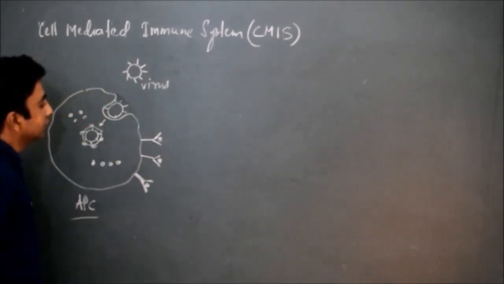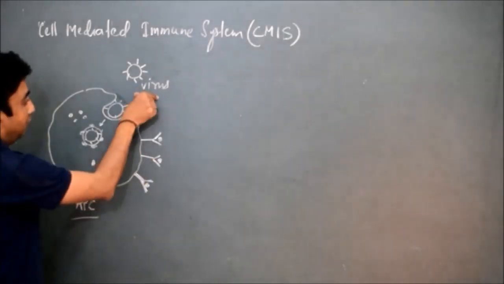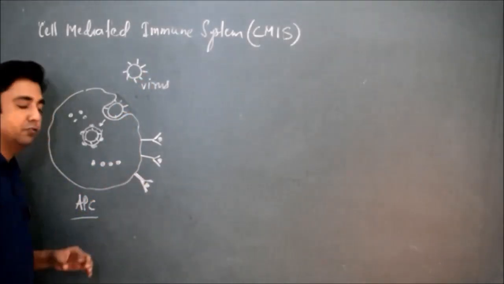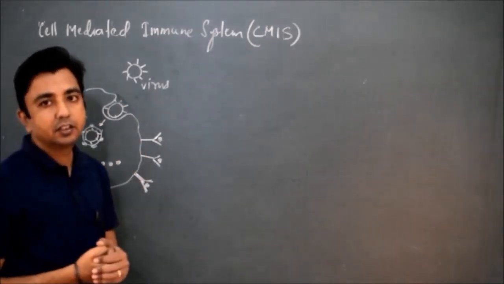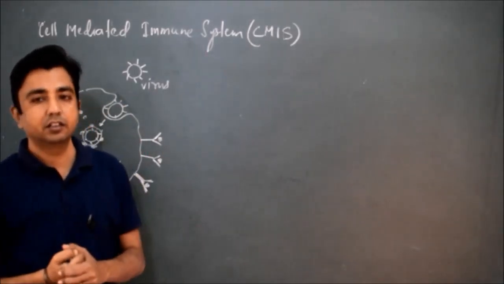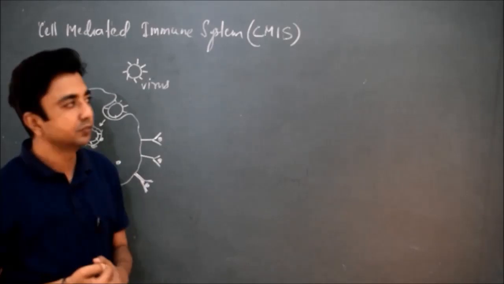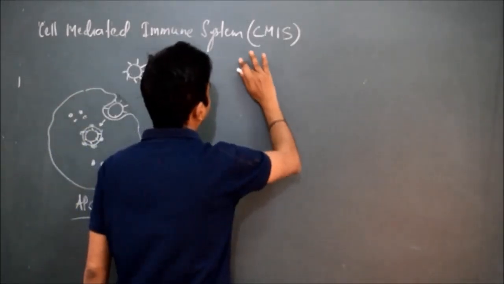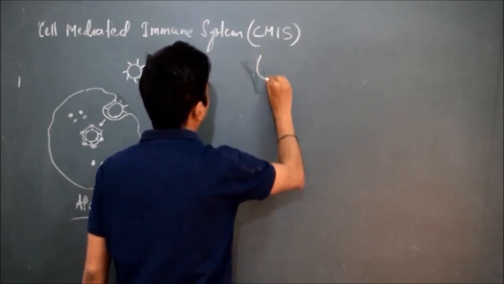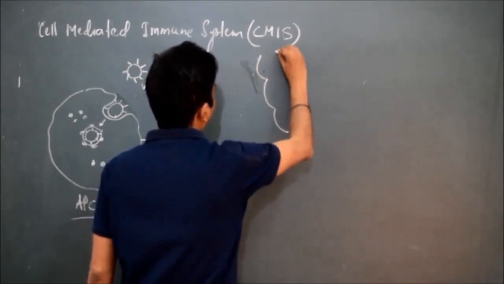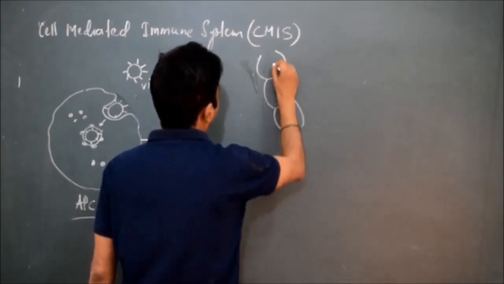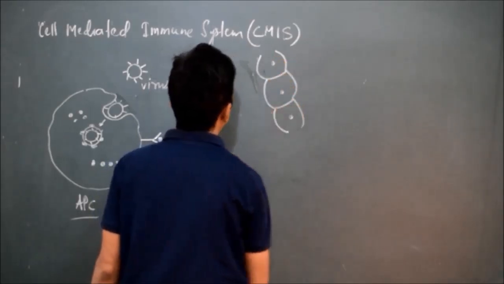Now, suppose this virus is attached to this macrophage, but some of the virus might enter into, say, an epithelial cell. So I am drawing an epithelial cell. For example, this is an epithelial cell.